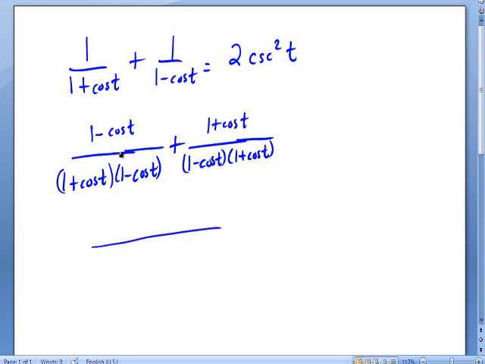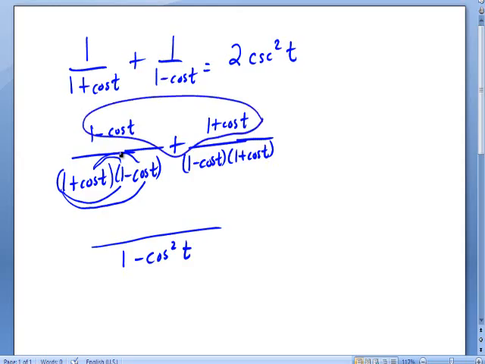Now, the other thing I can look at here is start distributing through in the denominator. So 1 times 1 is 1. The outside gives me a negative cosine of t, and the inside gives me a positive cosine of t. So those will cancel. And then last times last is negative cosine squared of t. Up in the numerator, I have the common denominator already, so I'm just joining all of these terms together.